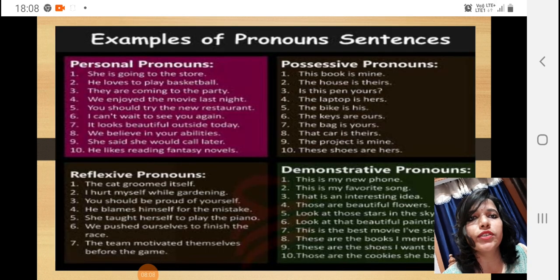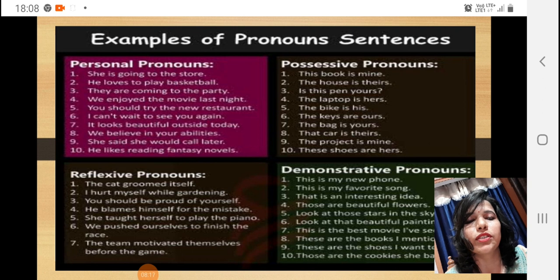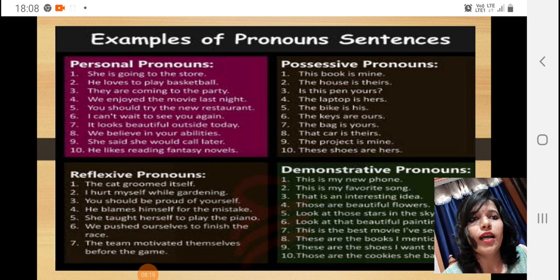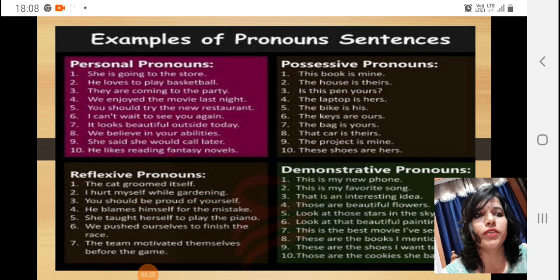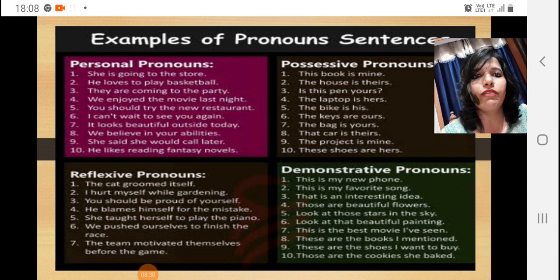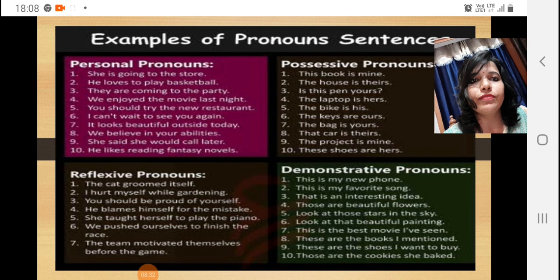Next, a few examples are also given here. You can read them better. Personal pronouns are already given: he, she, it, they. These are the personal pronouns mentioned in the beginning. And possessive pronouns, you can see at the end of the sentence: mine, theirs, yours, hers. These are the possessive pronouns. In the reflexive, you can see itself, the garden itself, myself, and yourself.